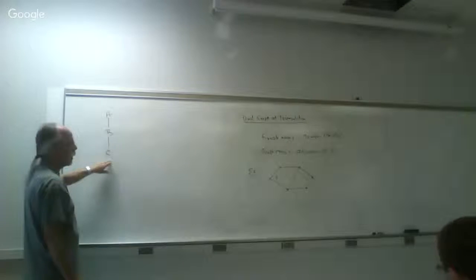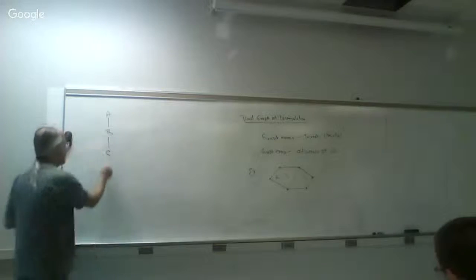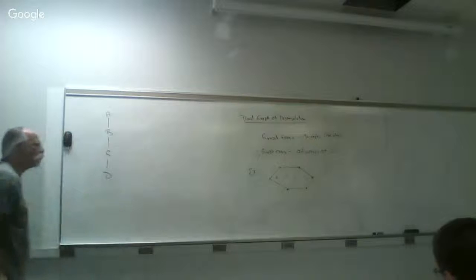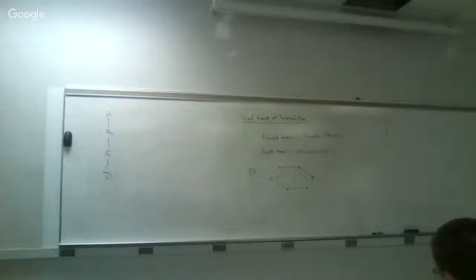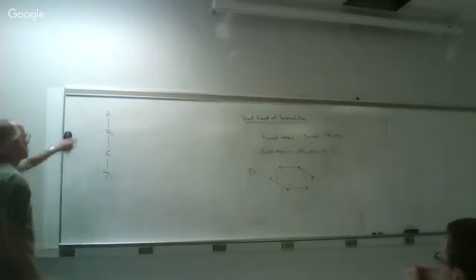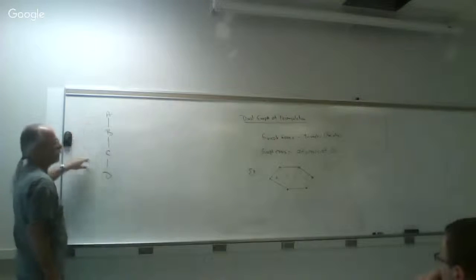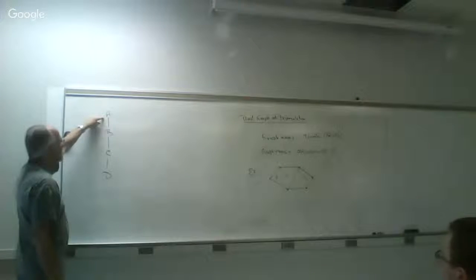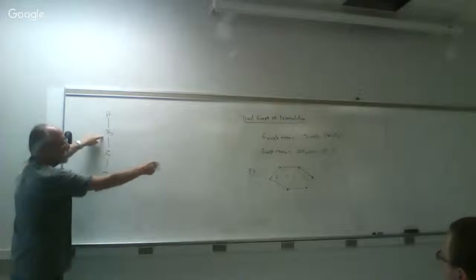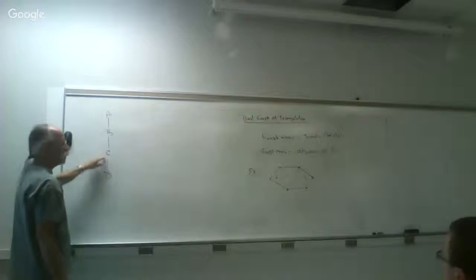The same thing happens with C: it's adjacent to both B and D. In this particular case it's a pretty degenerate graph, just a chain of things. What's significant is A and D, because A is only adjacent to one triangle, and D is only adjacent to one.